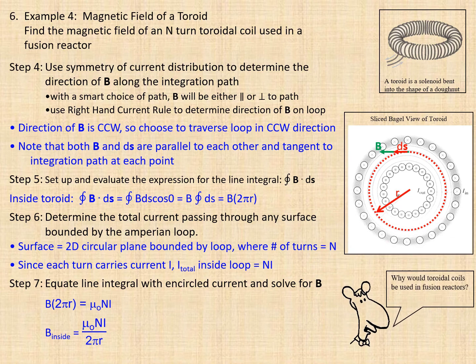So the question asks here, why would toroidal coils be used in fusion reactors? Well, remember, one of the issues with fusion is that the very, very high temperatures required to get hydrogen nuclei to fuse together to form heavier elements can have the effect of melting the containment vessel.